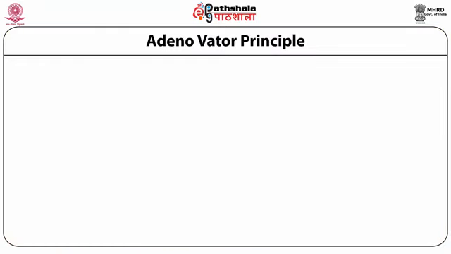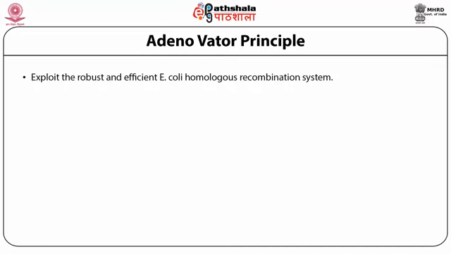Another virus is the adenovirus, which can be used as an adenovirus vector. The basic principle for producing this type of vector is that we exploit the robust and efficient E. coli homologous recombination system used to develop these vectors. There is no in vitro ligation or tedious manipulation of a large DNA.